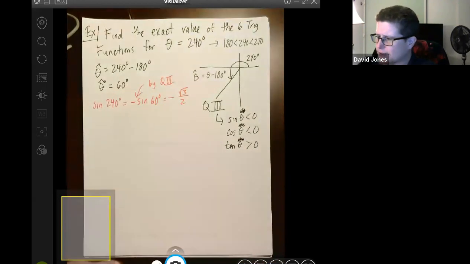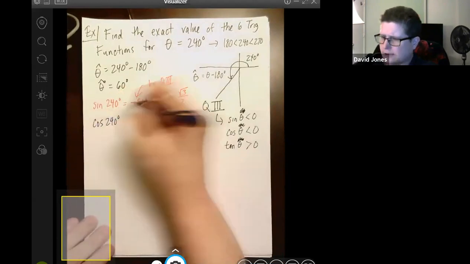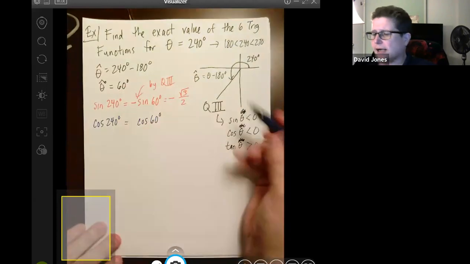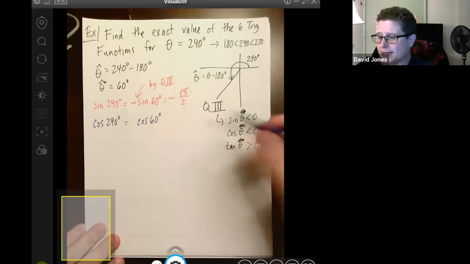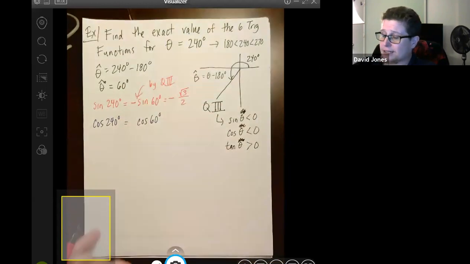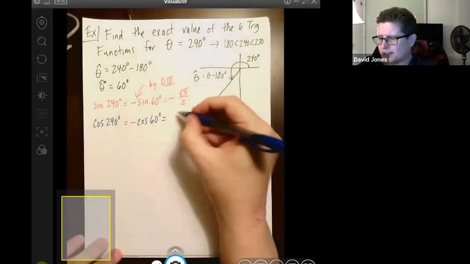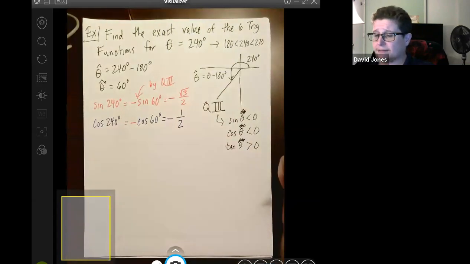If we look at cosine, this is the same thing as the cosine of its reference angle, other than a potential change in sign. Quadrant 3 does make it change sign. It becomes negative. Cosine of 60 degrees was 1/2, and the negative makes it negative 1/2.